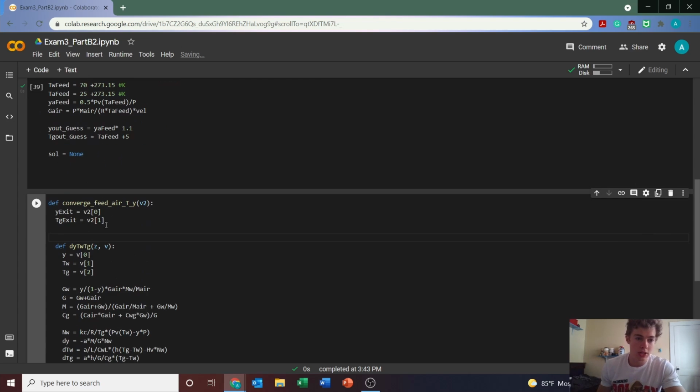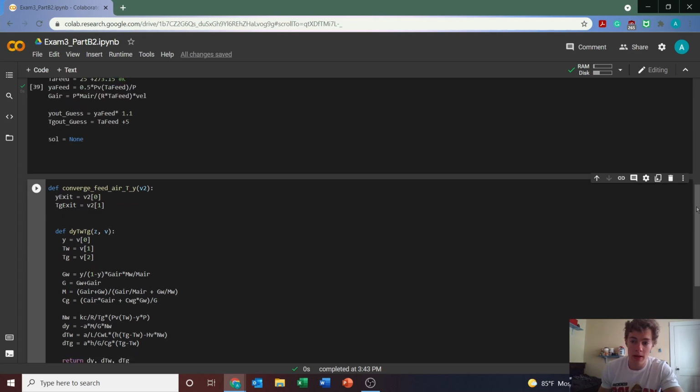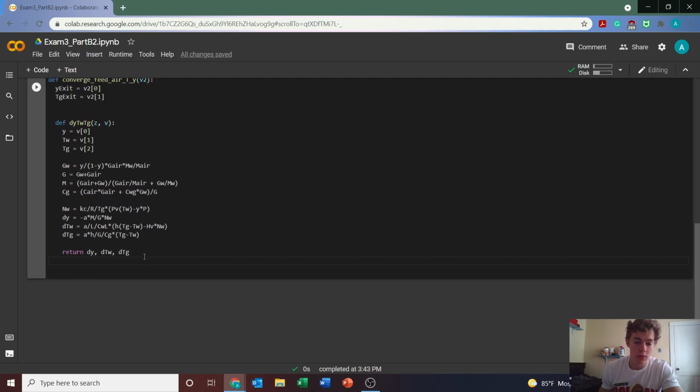And that'll allow us to actually converge on the correct values later. So now what we want to do is use that sol variable that we created earlier to set equal to our initial value problem solver and then solve the variables that we're looking for. So we want to do sol equals solve_ivp.